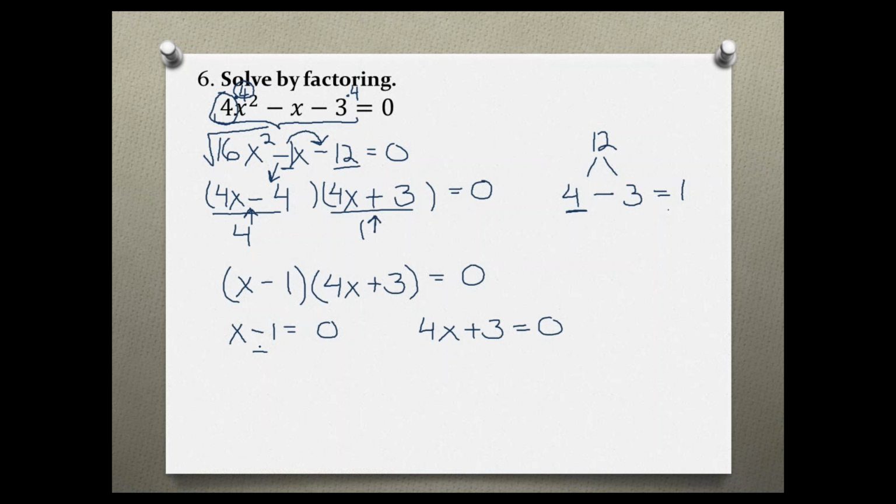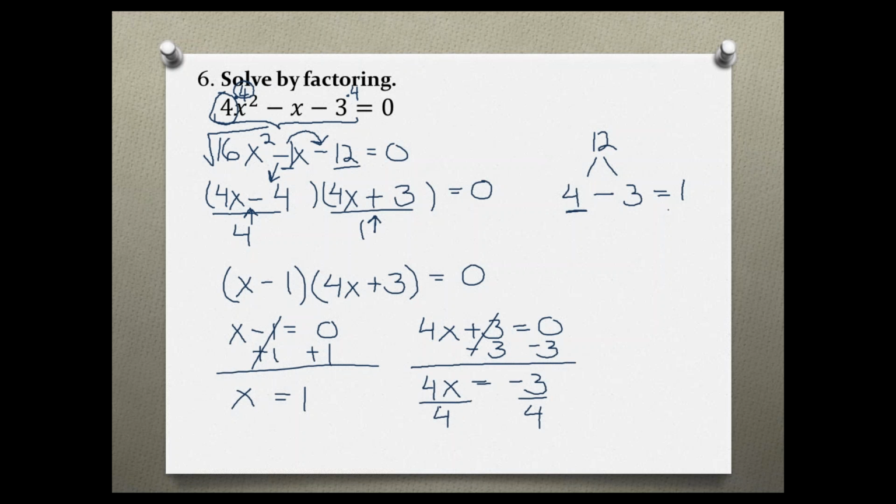Solving for x, I'm going to add 1 to both sides, and I'm left with x equals 1, and over here subtracting 3 from both sides, and I got 4x is equal to negative 3, dividing by 4 on both sides, and my answer is x equals negative 3 over 4.